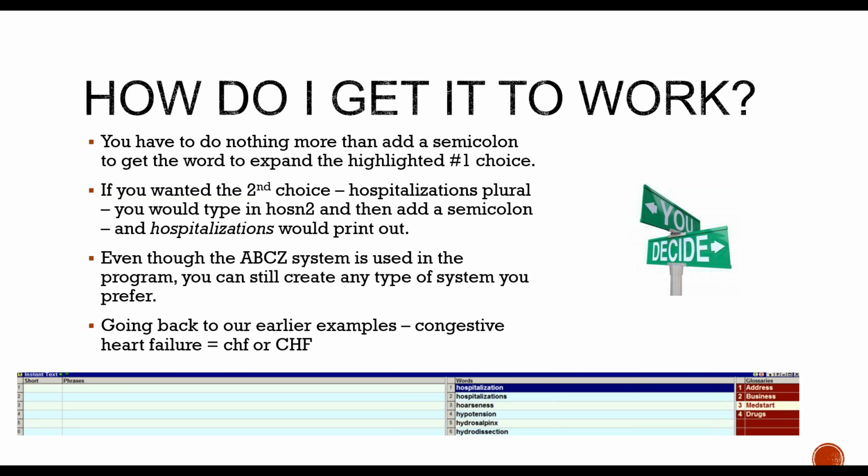If you wanted the second choice, of course, you'd go to number 2. Even though, as I mentioned before, they have used the ABCZ system, that doesn't mean that you can't do things your own way, just as I showed you CHF. I'm going to put in CHF. I'm not going to bother with CON and the last letter, which would be E. That doesn't make sense to me.